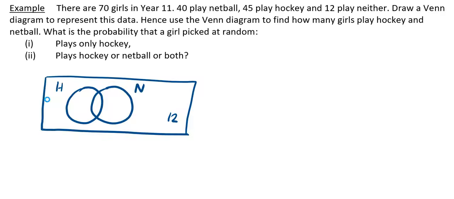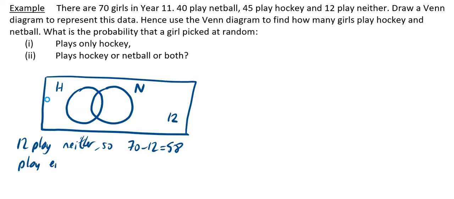That 12 is very important because 12 play neither. So that means 70 minus 12, which is 58, play either hockey, netball, or both.